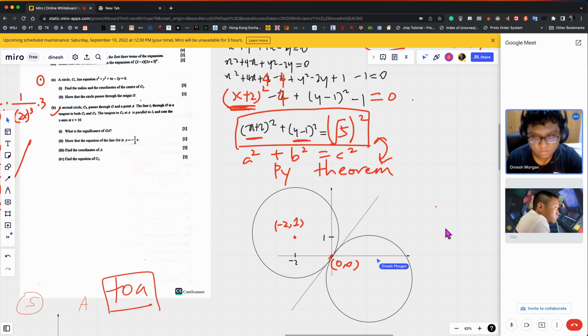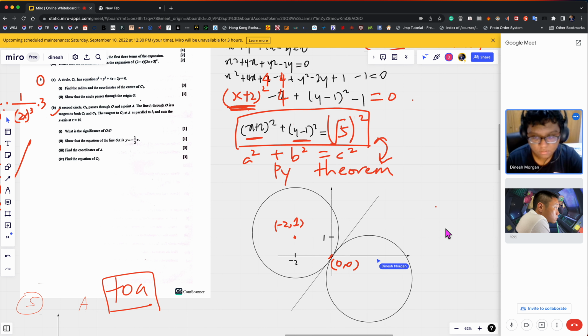Equation of C2. So I have (0, 0) and (8, -4). I find the midpoint, right, to get the center. I think you can get the radius already. Radius is just distance, right? But don't I have to find the midpoint first to get the center, then I can find the radius? To find the center, you need to use the midpoint theorem, which is (4, -2), right?